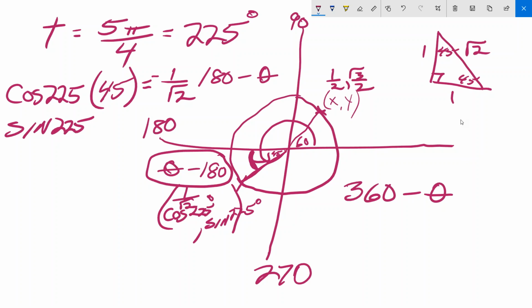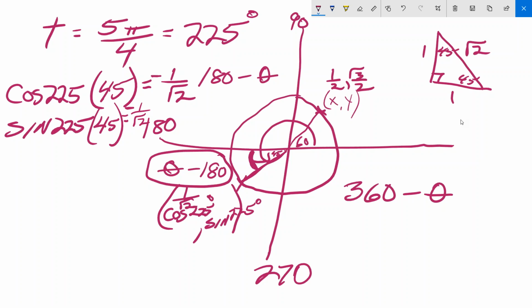We can see that it's negative. And the sine of 225, we do exactly the same way. That's the equivalent of a 45-degree angle. Sine of 45 is 1 over root 2. And in the third quadrant, what is its sine? Negative.